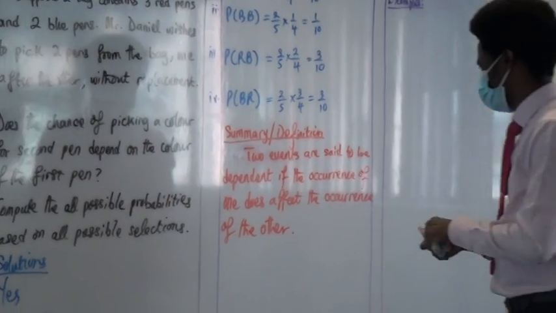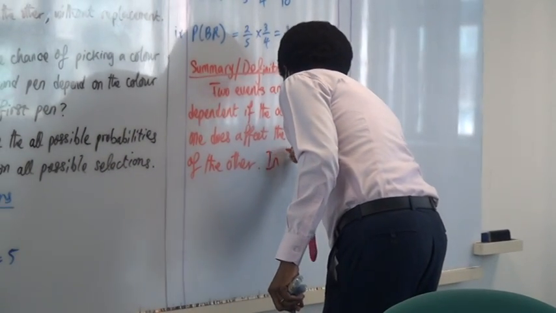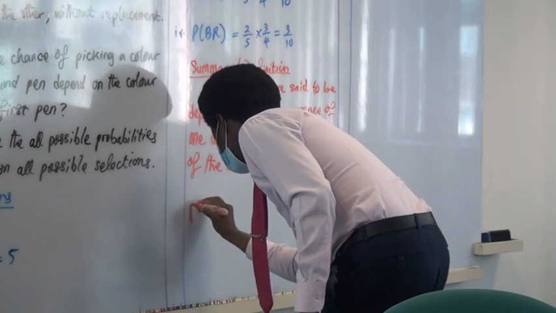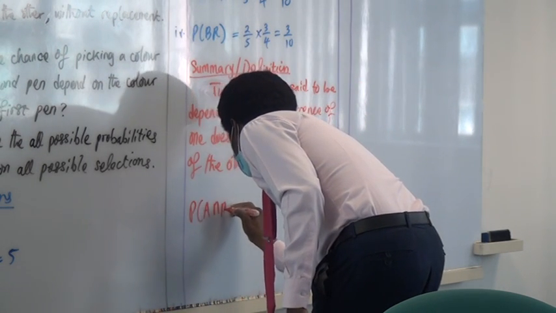So in this case, the probability that A and B occurs.